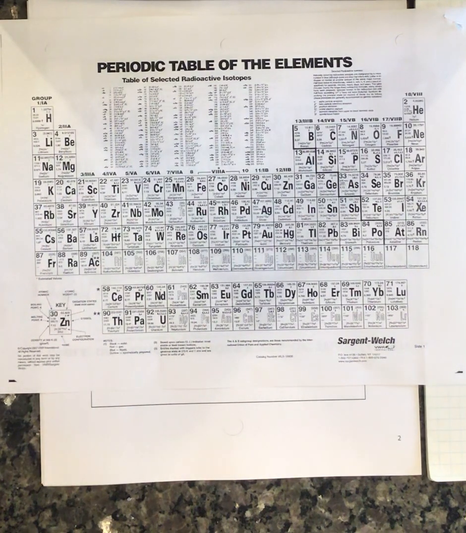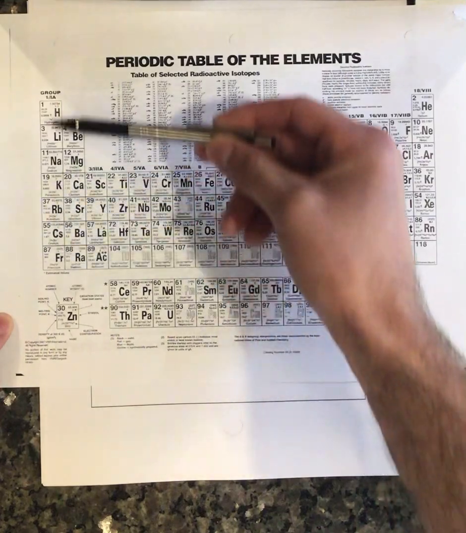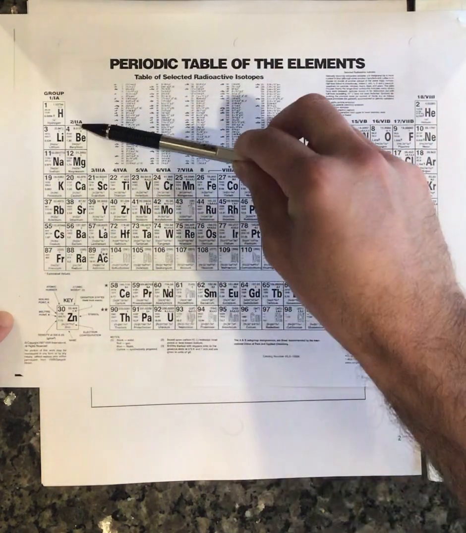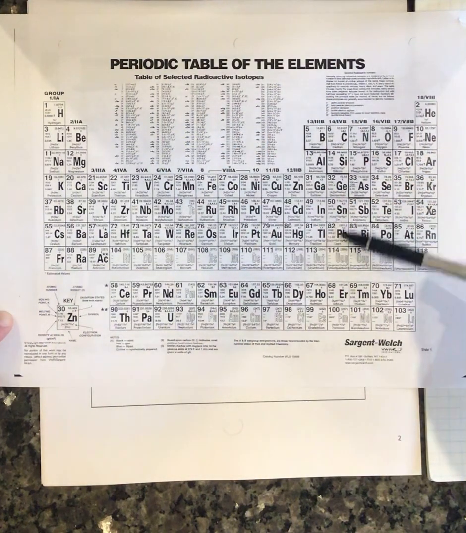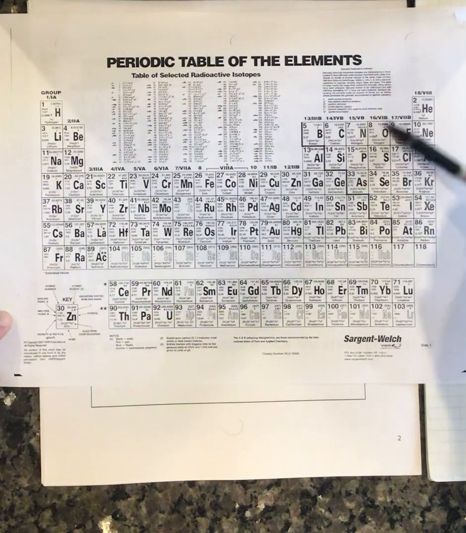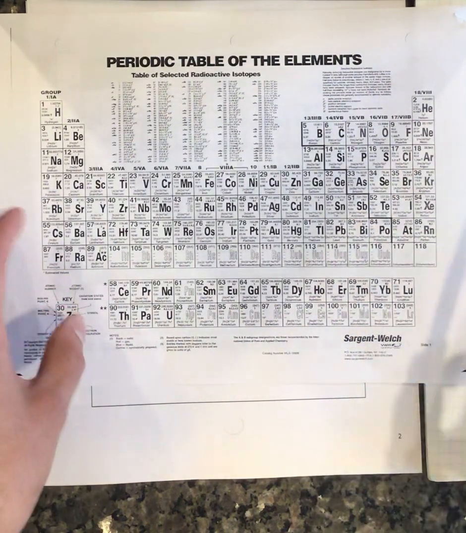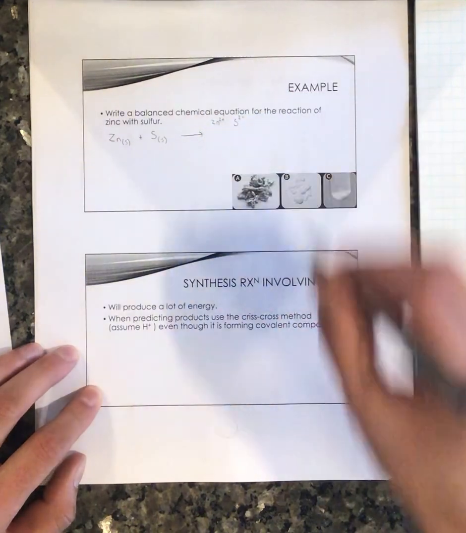Another way you can remember that is that if you look at your groups, all of these alkali metals make a 1 plus charge, or they have 1 valence electron, 2 valence electrons, 3 valence electrons, 4, 5, 6, 7, 8 for the noble gases there. So because these only have 6 electrons in its valence shell, they're going to pick up 2 electrons, and it makes it 2 negative. So we have sulfur, which is 2 negative.